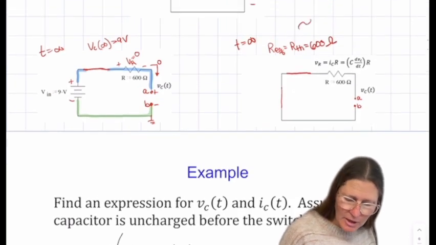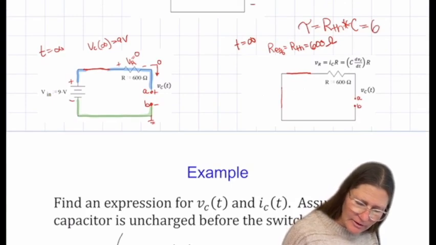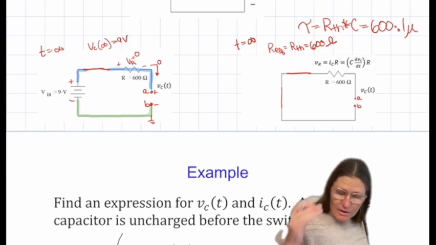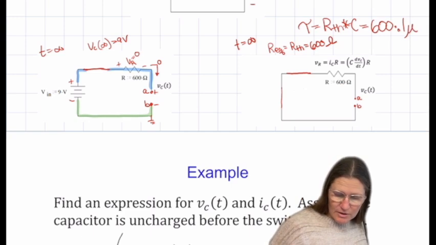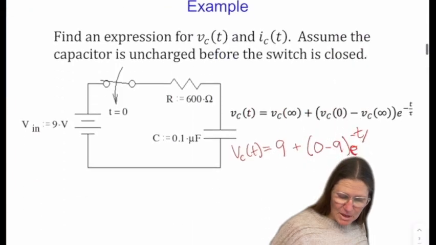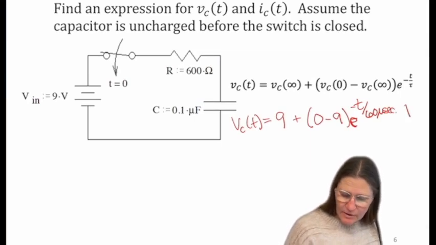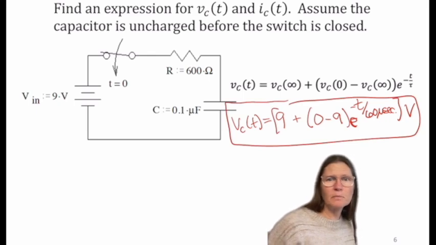Sorry, I didn't write tau all the way out. Tau is RTH times C, so this is 600 times 0.1 microfarad. So 60 microseconds. And this is all in volts. So that is my expression for VC of t.